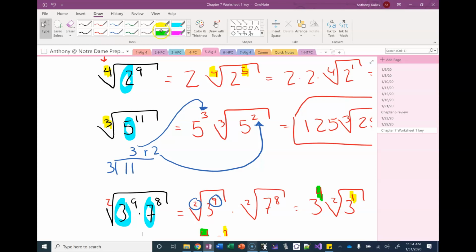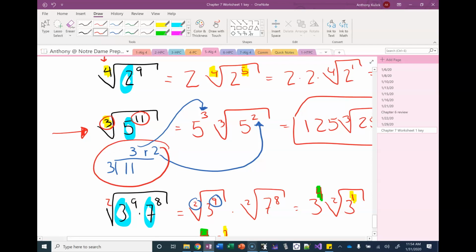So when I look at a problem like this one, the only two numbers I care about are these ones. I care about the exponent, and I care about the index. If I take the exponent and divide it by the index, that's going to give me all the information I need to do the reducing.